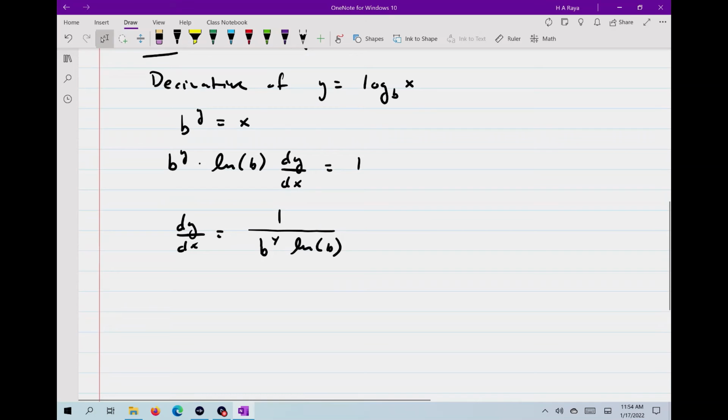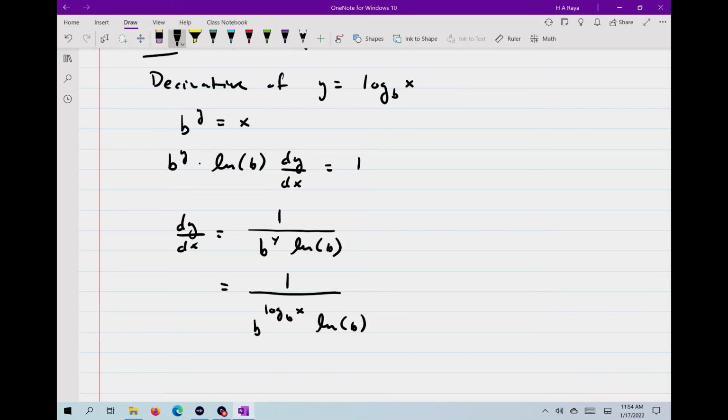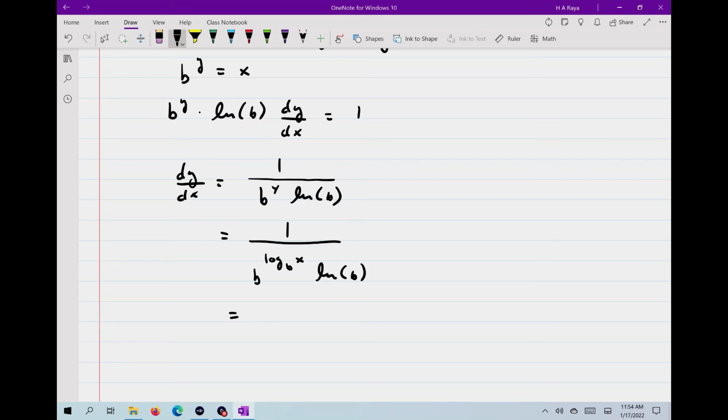So this line turns into 1 over b to the power of log base b of x times the natural log of b. By properties of exponents and logarithms, this term is simply going to be x. So we have 1 over x natural log of b.